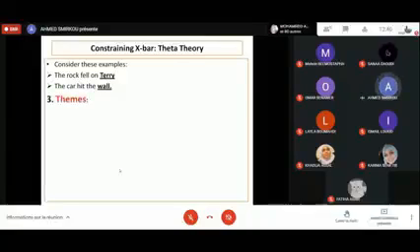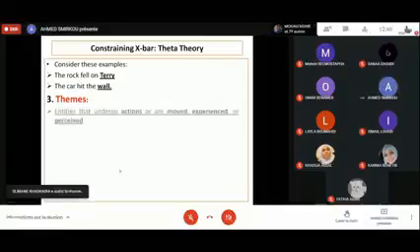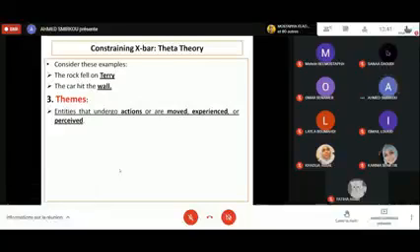Number 3, the theme. So we have covered the agent, somebody who does the action, and the experiencer, somebody or something that feels or perceives something. And number 3 is the theme. The theme means entities, things that undergo actions or are moved, experienced, or perceived. Pay attention to the passive voice here: are moved, are experienced, or perceived.